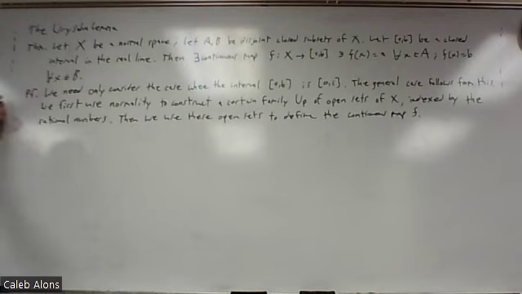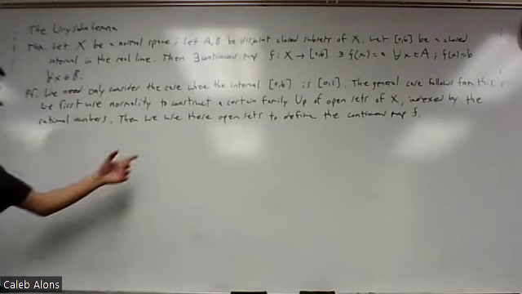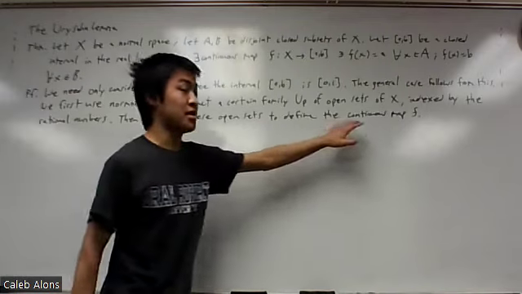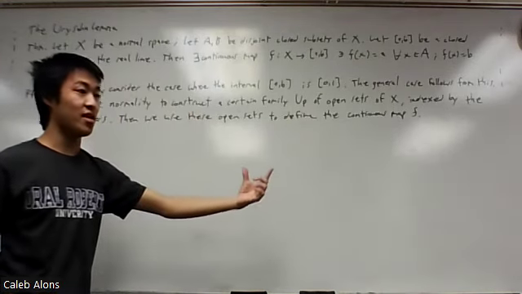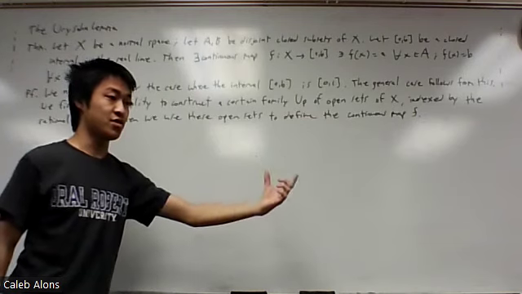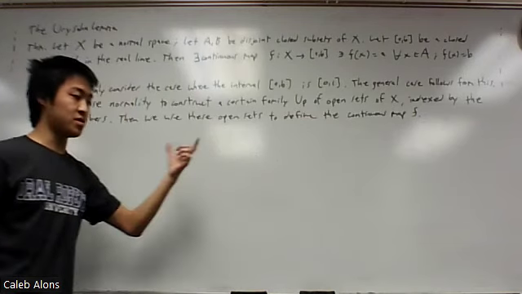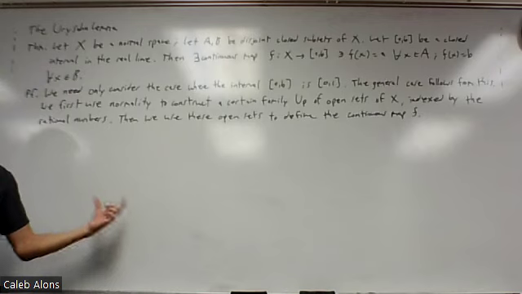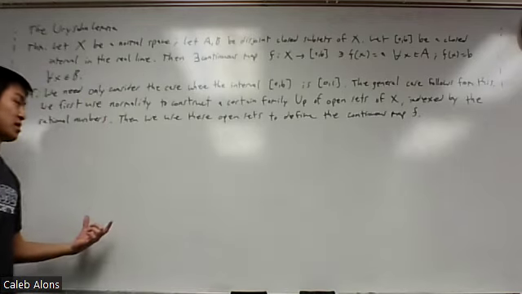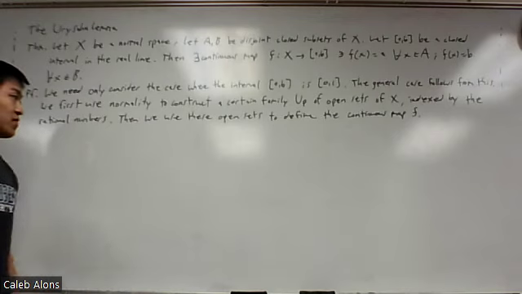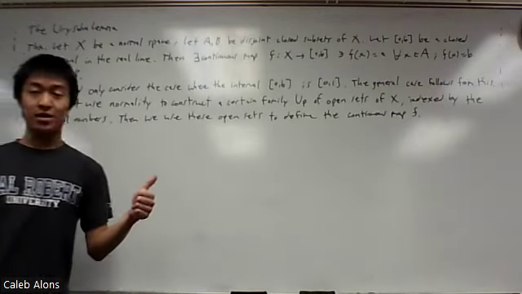So the first step before we can even get to the continuous map, and as a means of review, so that at least it makes sense what's happening: in topology, continuity has a slightly different definition. We're basically saying if I have an open set in the range space, and I take its inverse image back into the domain space, that inverse image also needs to be open. So if I go from open in the range space to open inverse image, then you have a continuous map.